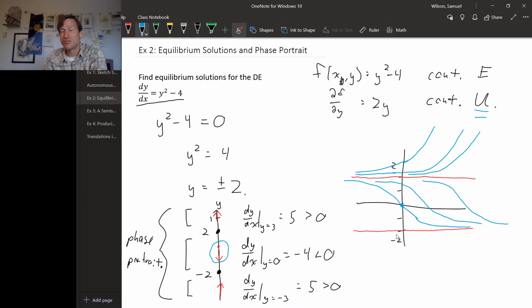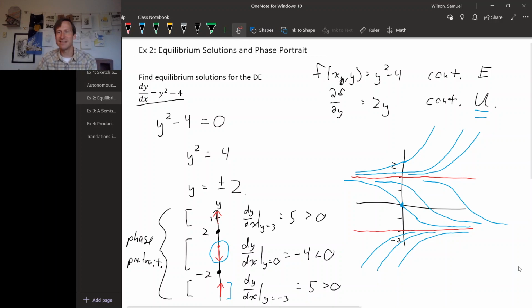And then finally, if you started below -2, our phase portrait says that below y equals -2, solutions should be increasing, so that would look like this. And again, we can't cross that equilibrium solution at -2, so our solutions bunch together as you move to the right. So that's one nice thing that a phase portrait lets you do. It gives you a quick way to sketch what solutions are going to look like.